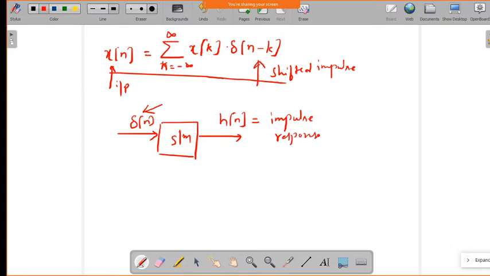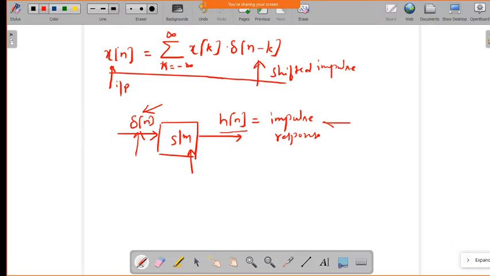That means if I give the impulse signal to a system, the output, which we denote as h of n, is called the impulse response, because it is the response of the system to an input impulse signal.